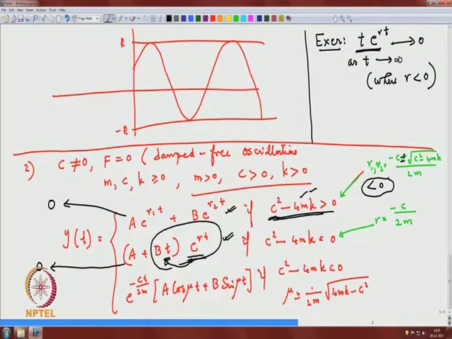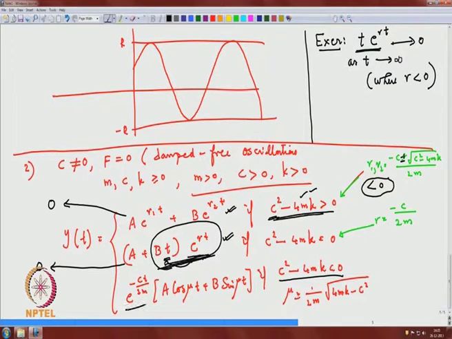So, when you want to make c square minus 4mk positive, it means that you have to add more damping to the system, and if you reduce that damping you will reach a situation here. But even if you reduce the damping, this term still goes to 0, but in a slightly slower way, still exponentially. If you reduce the damping still further, you will reach a situation here, but some damping is required.